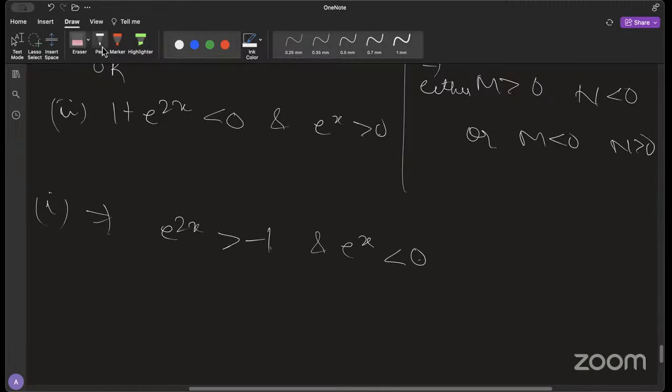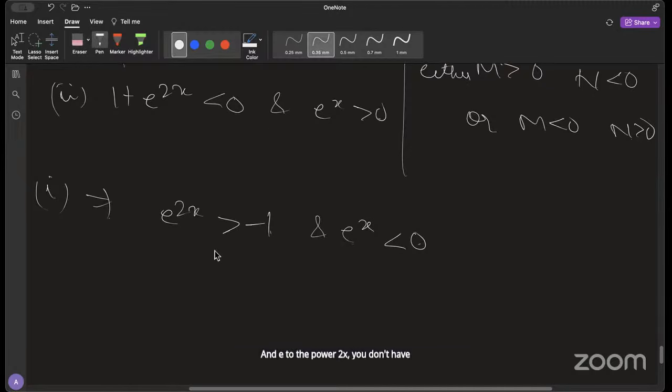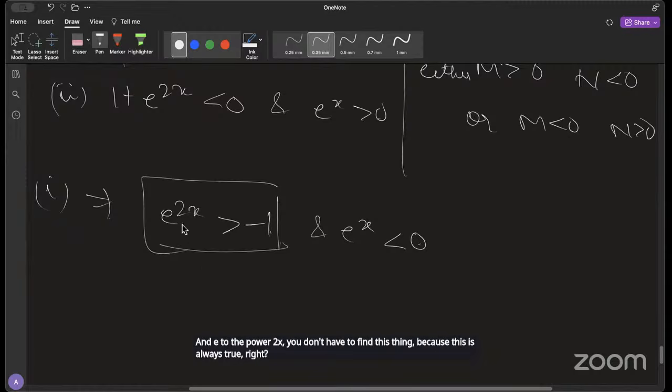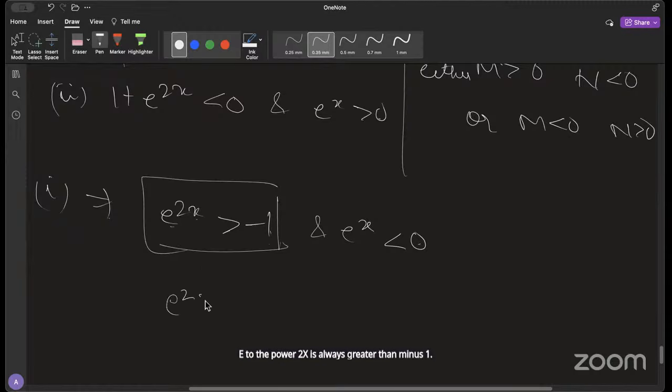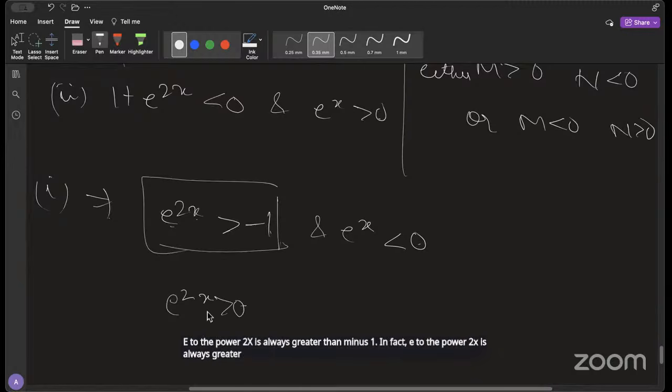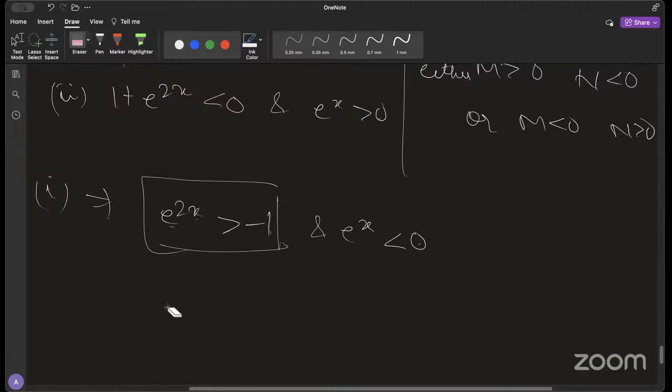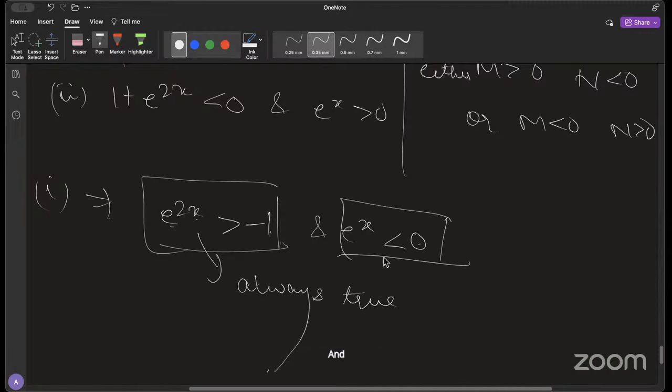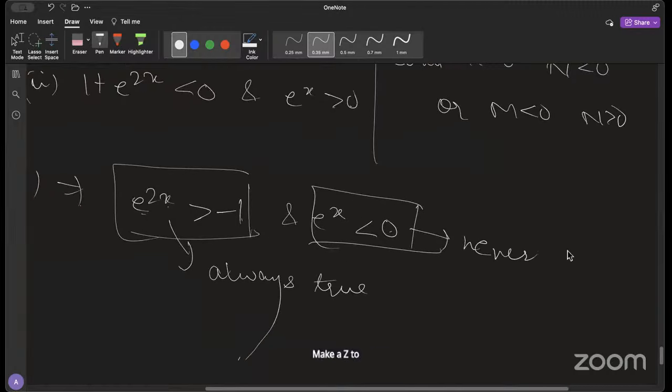And e to the power 2x, you don't have to find this because this is always true. e to the power 2x is always greater than minus 1. In fact, e to the power 2x is always greater than 0, right? This one is always true. And this one, if you notice, is never true, because the e to the power x function is never negative.